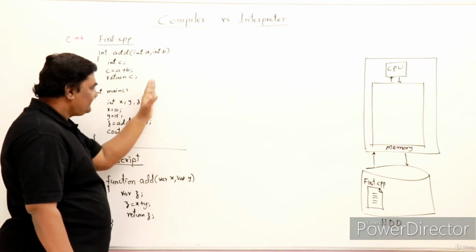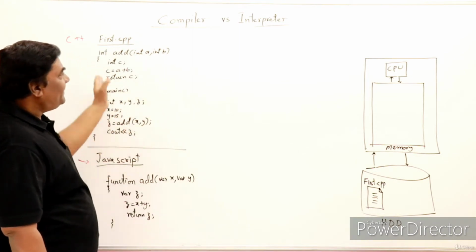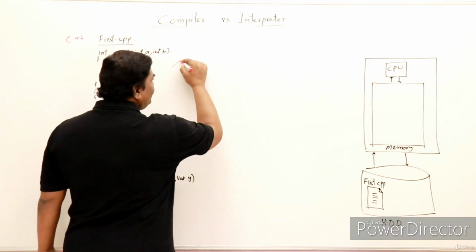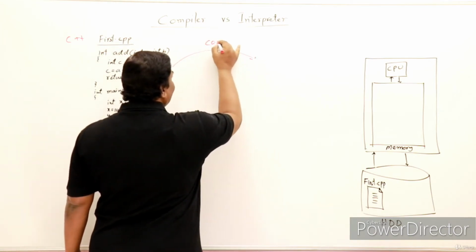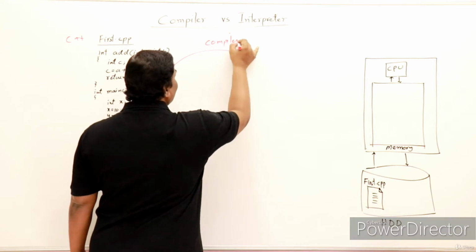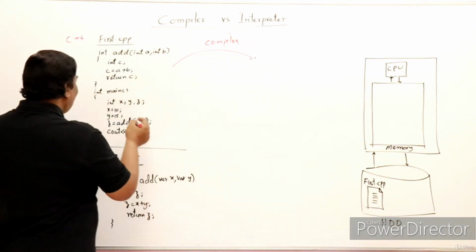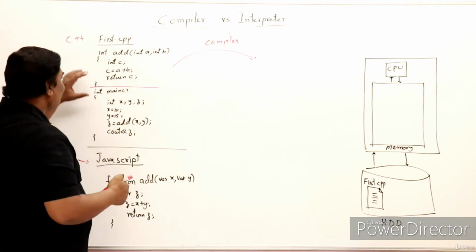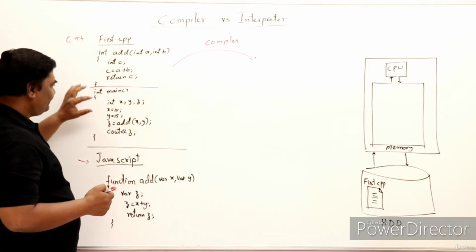If I have this program and I want to compile, meaning translate into machine code, then if I give it to a compiler, the compiler will convert this code into machine code. As you can see, I have written this program in two pieces. This is an add function, this is a main function.